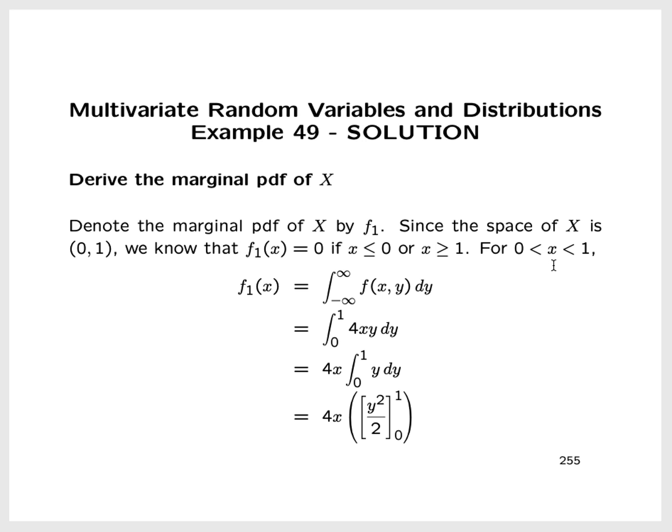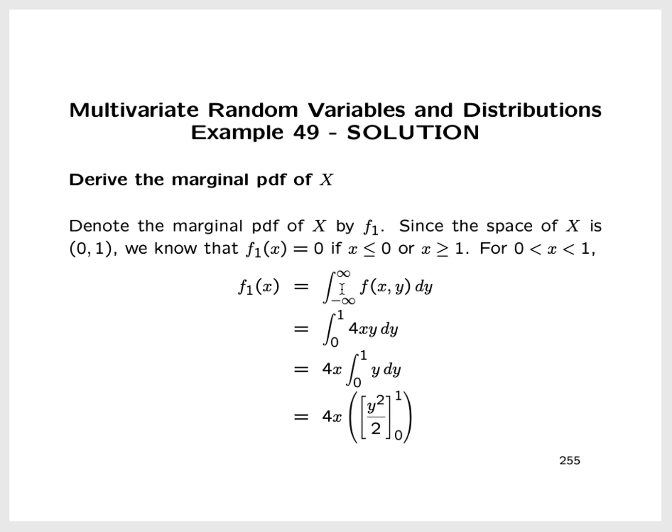Now, for values of x greater than 0 and strictly less than 1, the marginal PDF evaluated at such an x is obtained from the joint PDF by integrating that joint PDF with respect to y over the entire real line. Remember, this is just the definition for the marginal PDF of this first variable x.